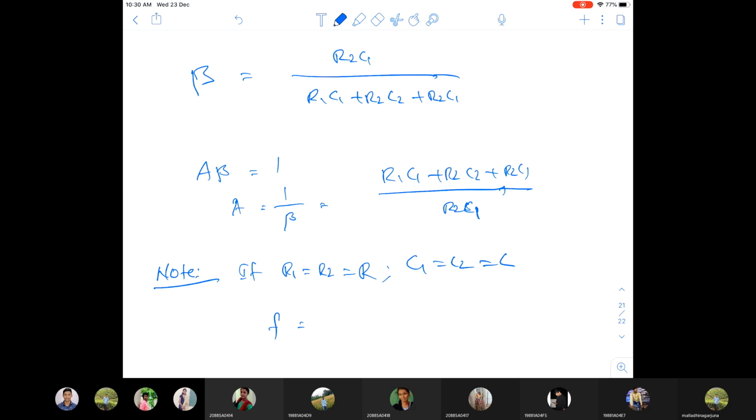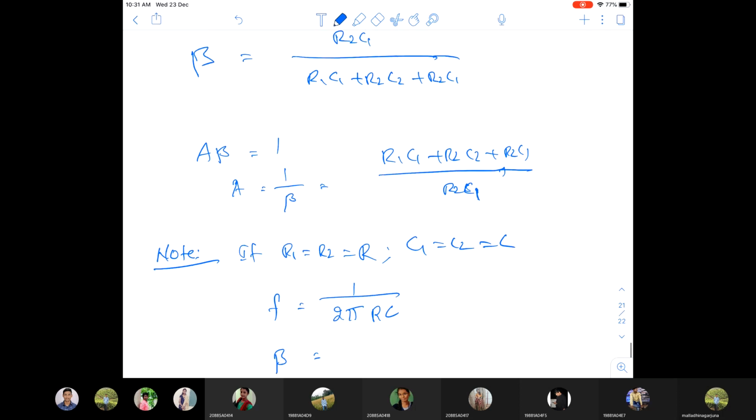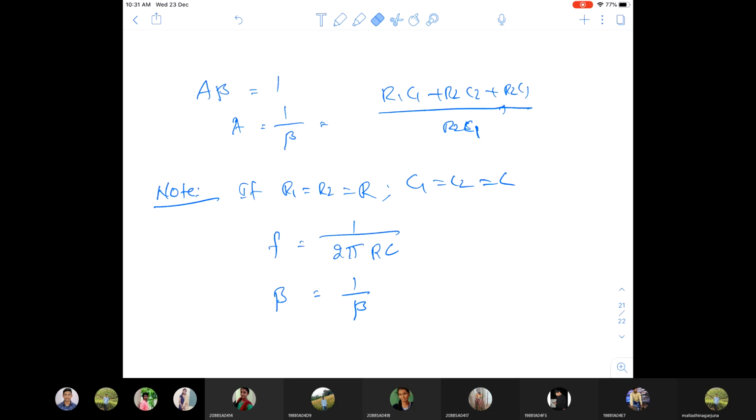What is the frequency? 1 by 2 pi RC. Beta value? 1 by 3.